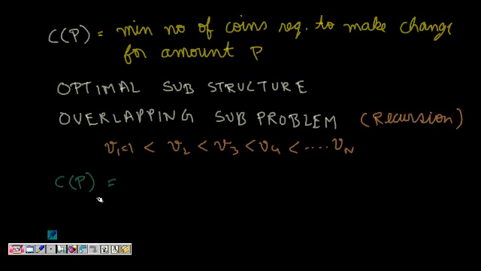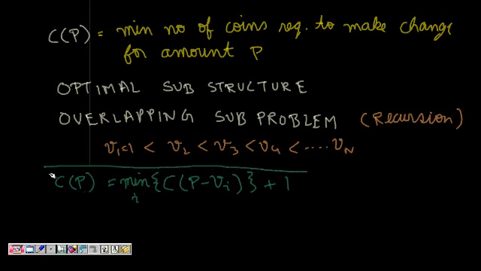This is equal to C of P minus V of i, minimum over all i, plus 1. This is the recursive solution that we can write.